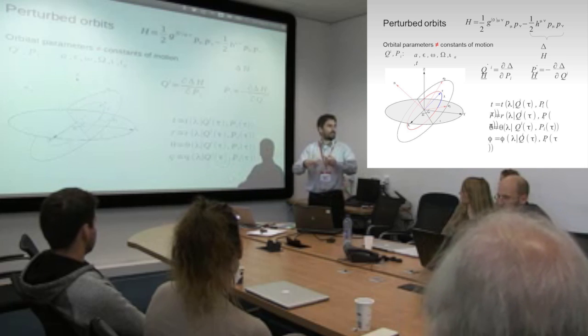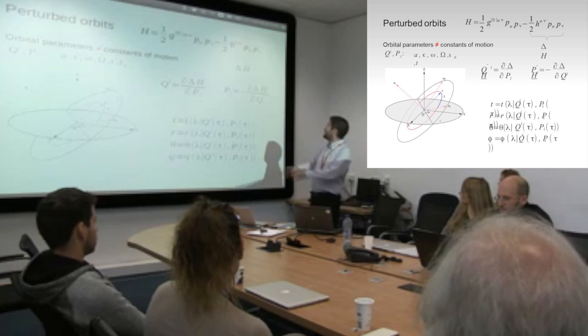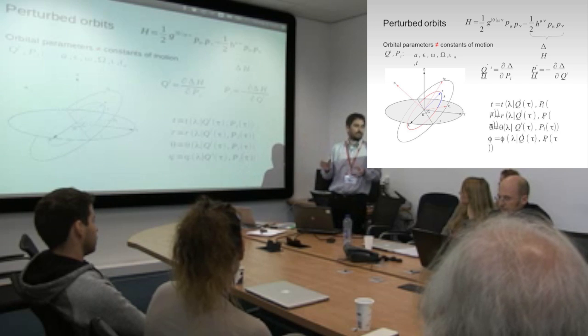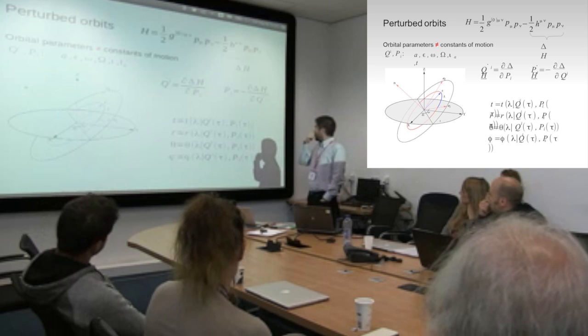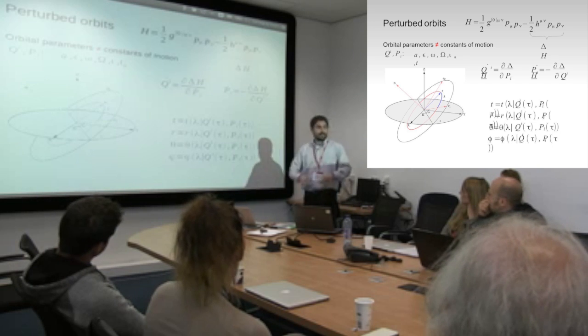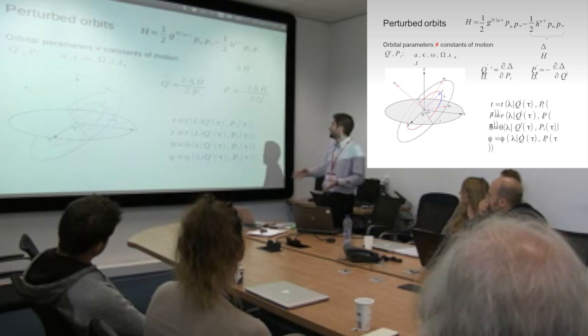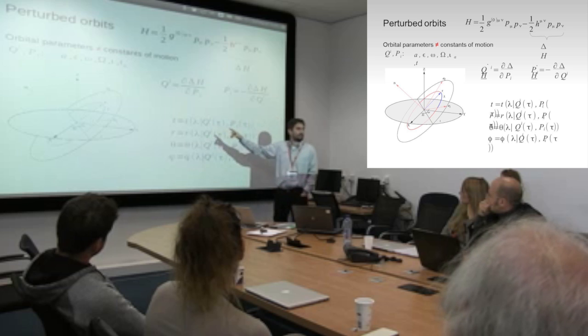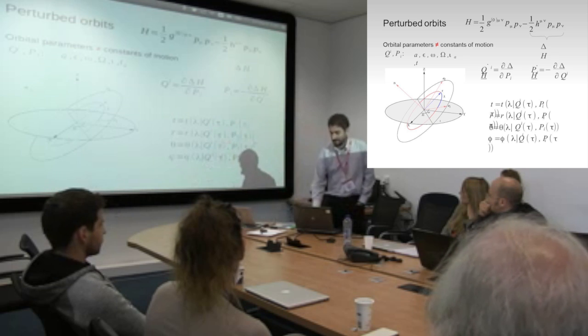So it's like an iterative process, and it works perfectly as long as the perturbations are small enough. And in the case of Galileo, they are big. So we end up with basically the same orbit equation. The only difference is that now the orbit parameters depend on proper time.